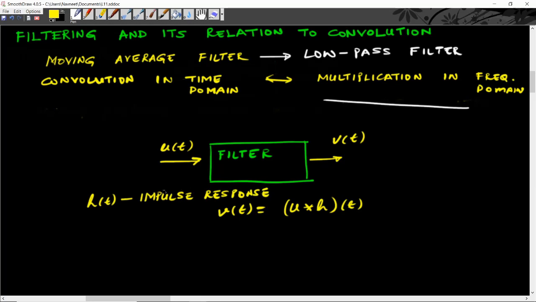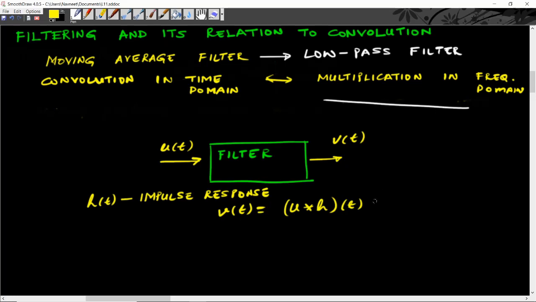And as we'll see shortly, this is because h of t represents how the system, which is the filter in this case, responds to a unit impulse, that is a delta function. We'll discuss this through an example in this particular lecture.